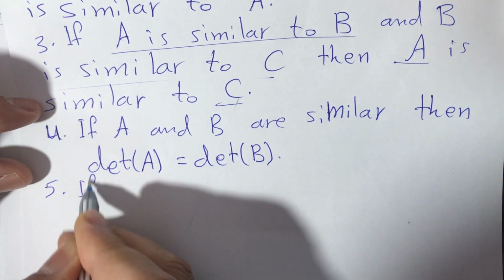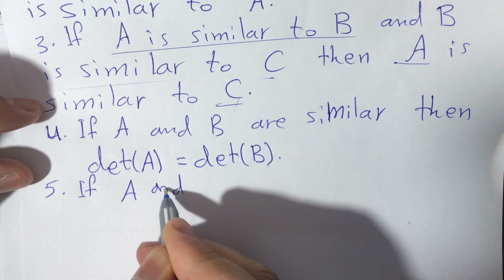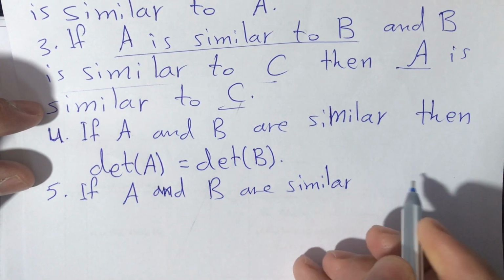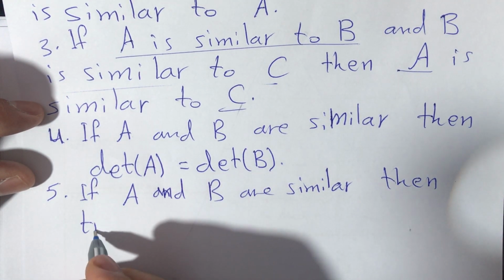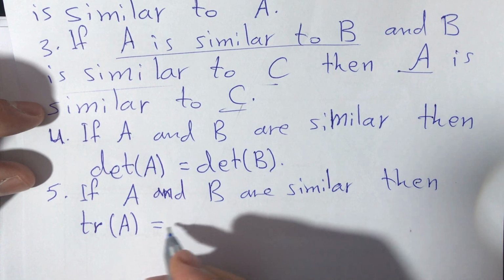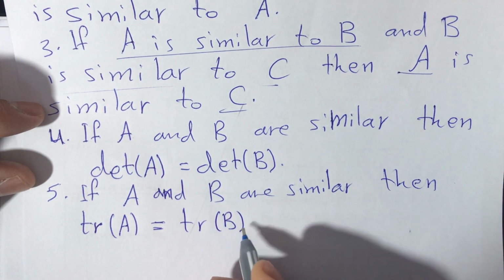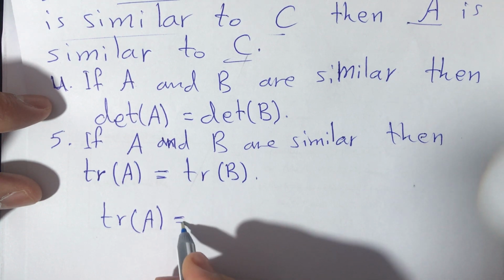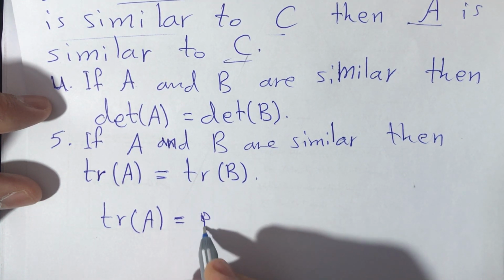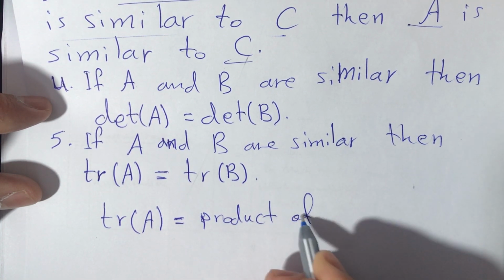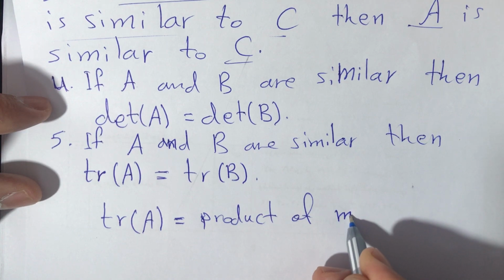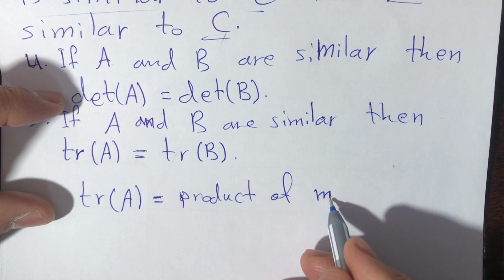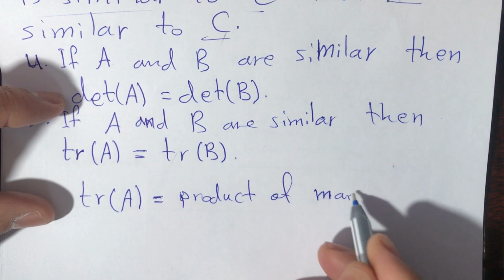Number 5: if A and B are similar, then trace A is equal to trace B, and the trace of A is the sum of the main diagonal.